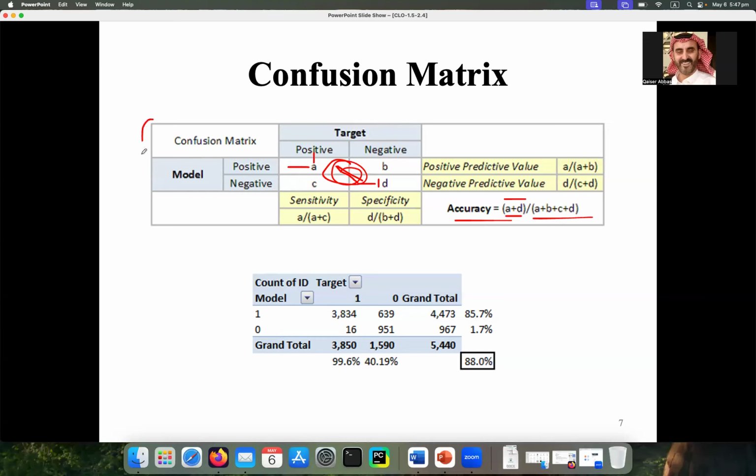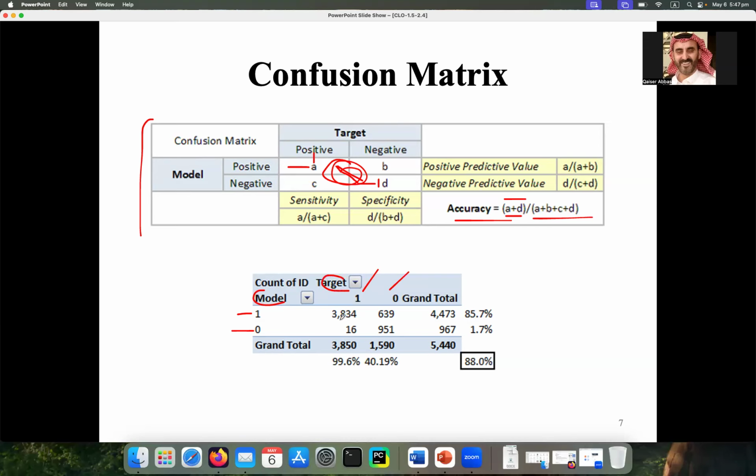Now this confusion matrix, here we have the values and we have computed these values just for practice. Here you have two classes, 1 and 0, that are predicted by your model. And then here you have two classes again, 1 and 0, that are available in your data set.